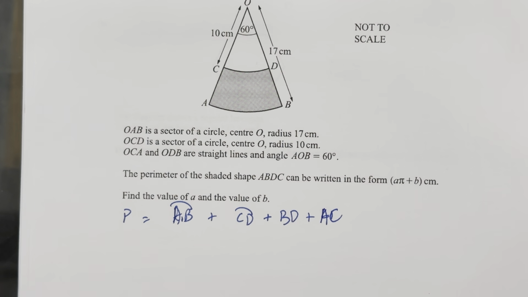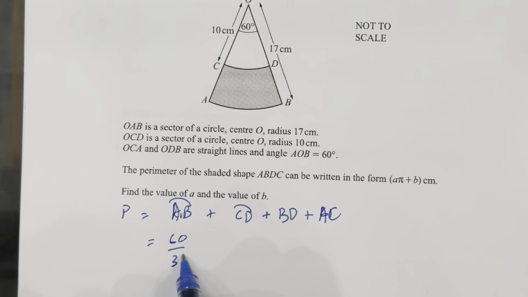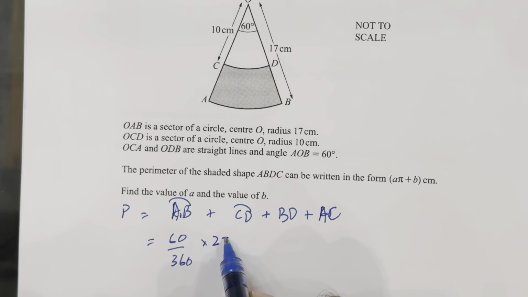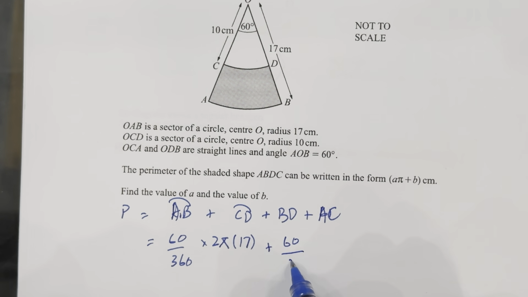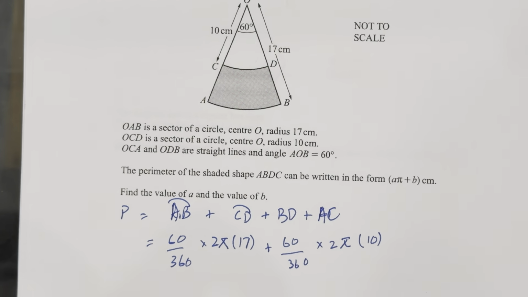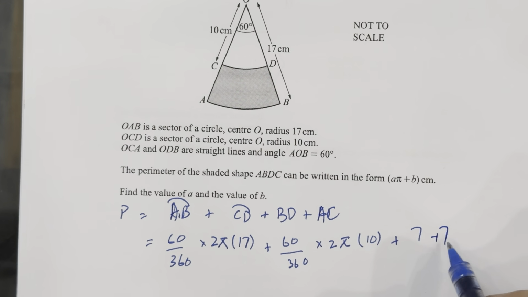We know that the arc length of AB would be equal to 60 over 360 multiplied by 2 pi r, and the value of r is 17 in case of AB. In case of CD, 60 over 360 multiplied by 2 pi r, and r for it is equal to 10, and BD would be equal to 7, and this AC would also be equal to 7.